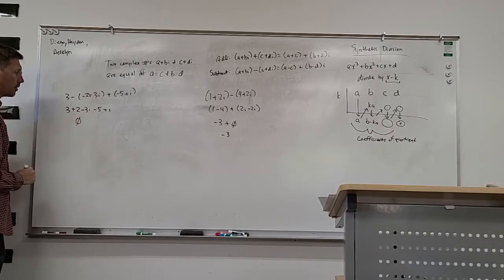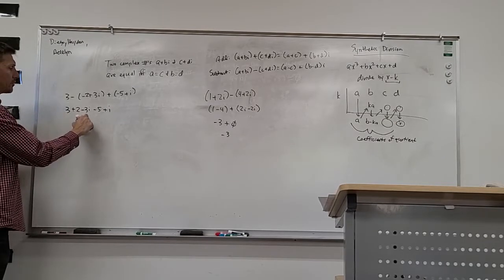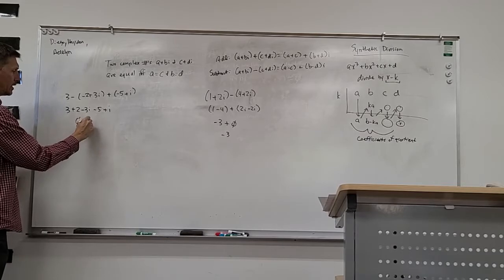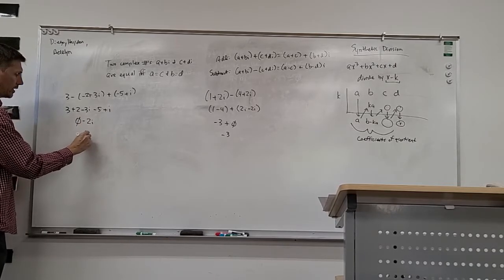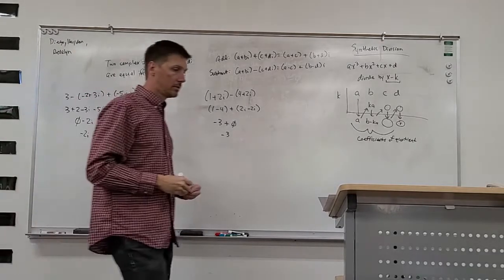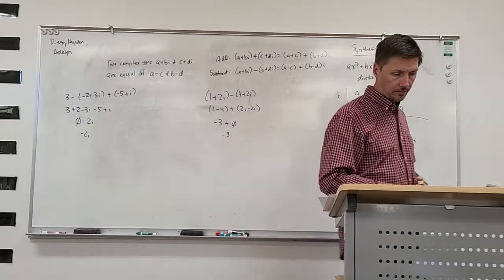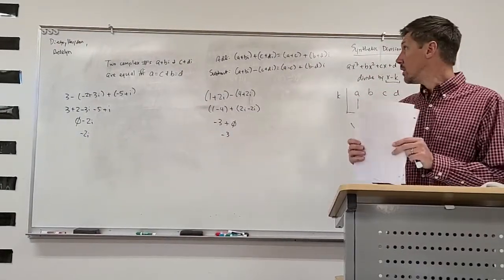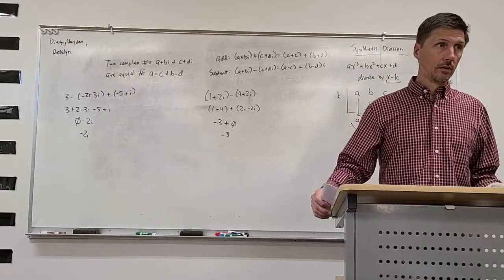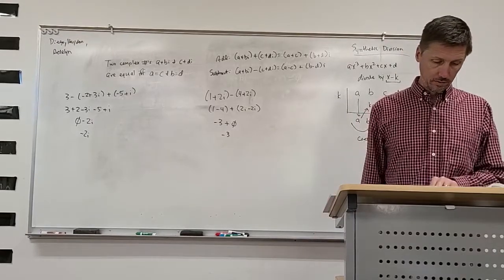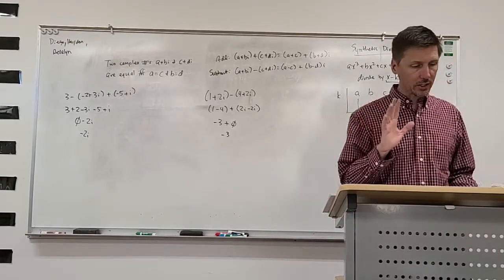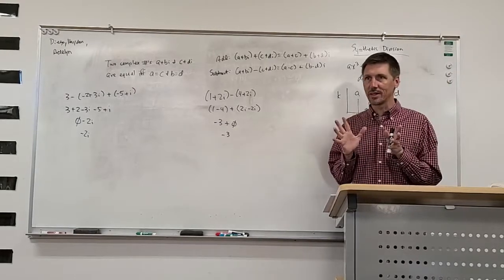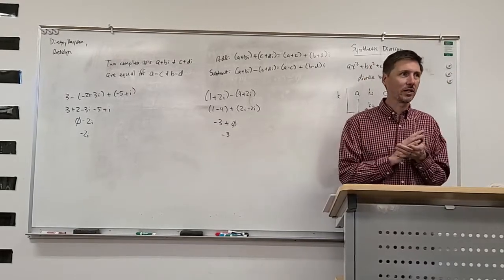So real numbers go away, and -3i plus i is -2i, so our final answer is -2i. So everybody gets what I'm saying when I say just think about the i as a variable, right? If you do that, you won't get mixed up.